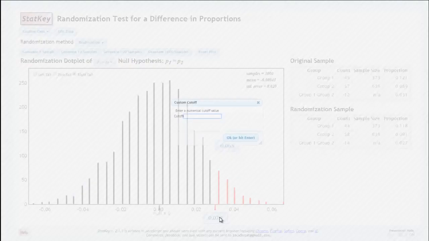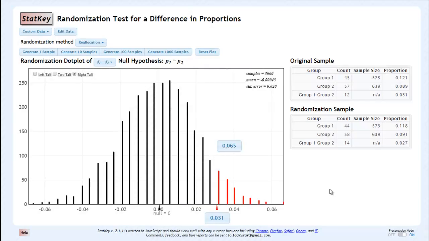Once I click on right tail, I have to enter the value of my sample statistic in the box down here, so 0.031. Once I've entered that correctly, I use the proportion that's in the little floating box. So this tells me that about 6.5% of the values were greater than or equal to 0.031 in my sample.